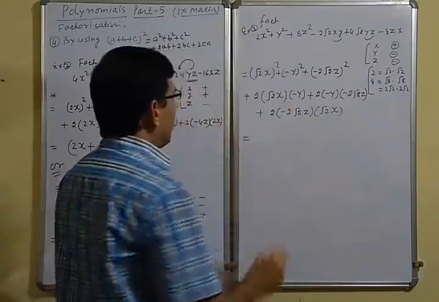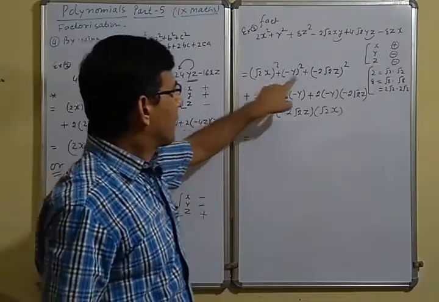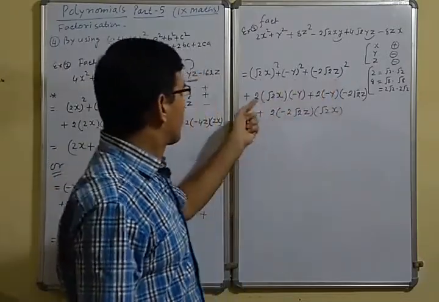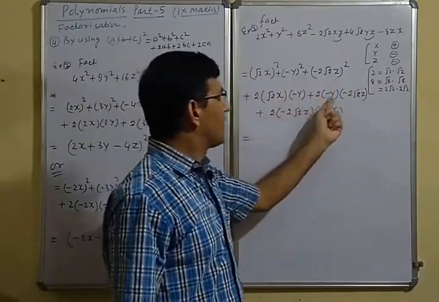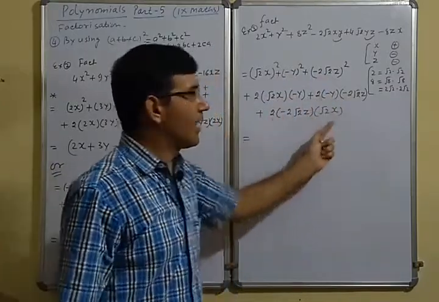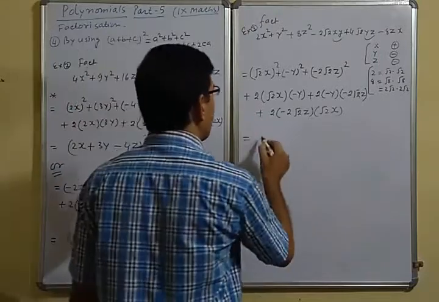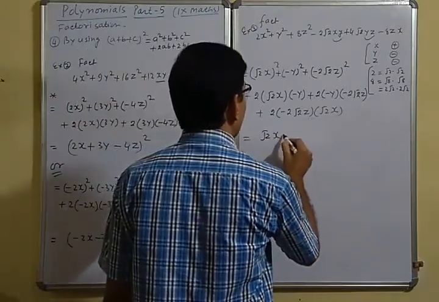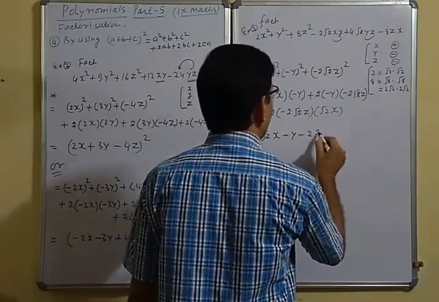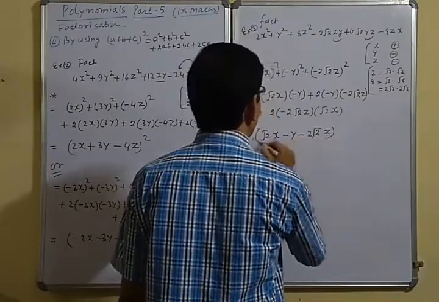So now this is a square plus b square plus c square plus 2ab plus 2bc plus 2ca. So that is (a + b + c) whole square. So what it becomes? That is (root 2 x minus y minus 2 root 2 z) whole square.